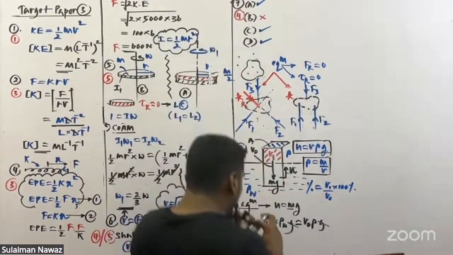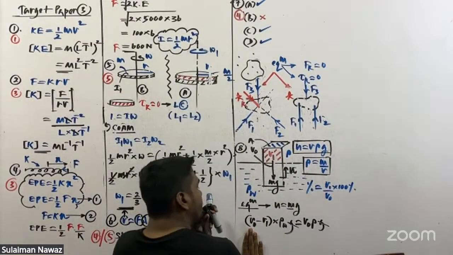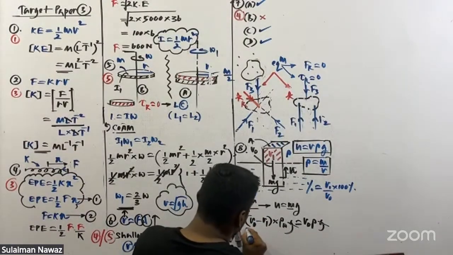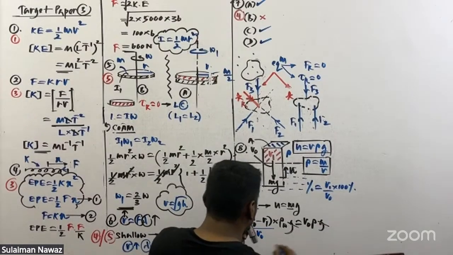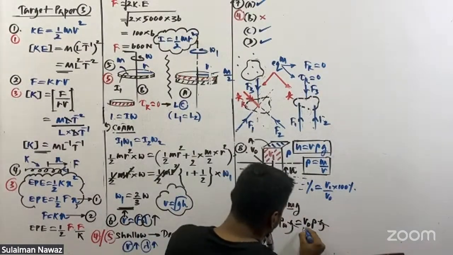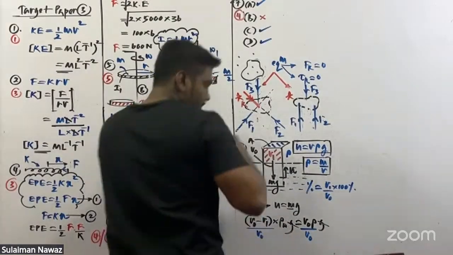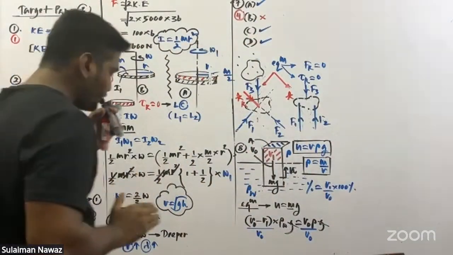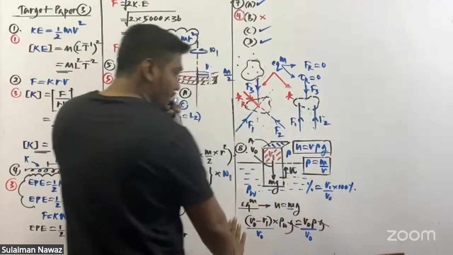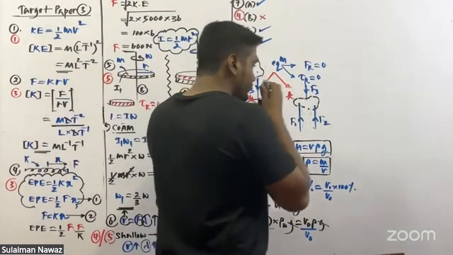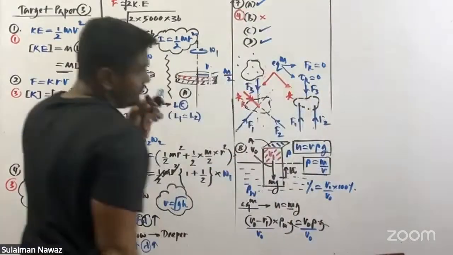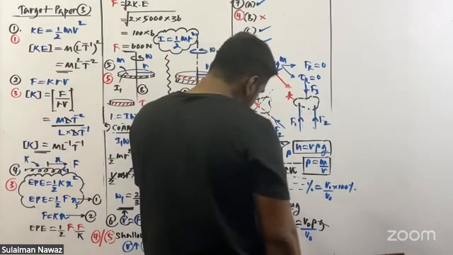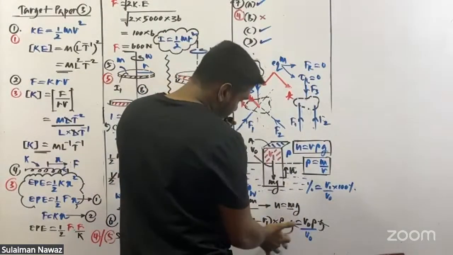So what I thought of doing is dividing all the terms by V naught. If I divide both sides by V naught, look here.